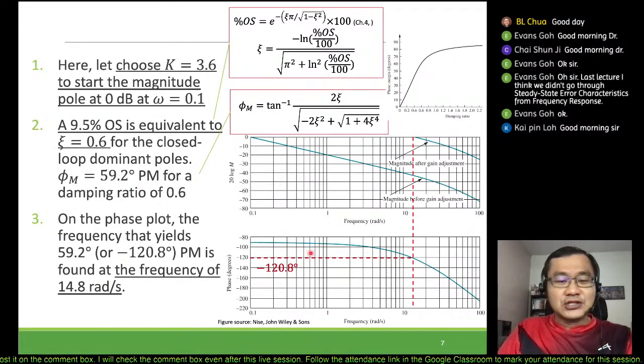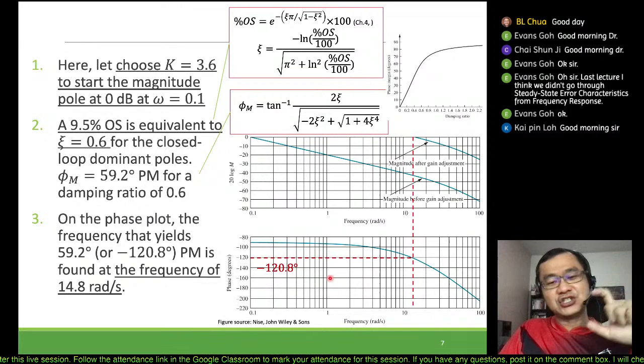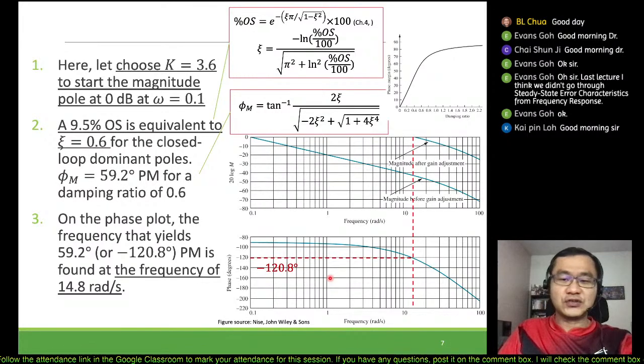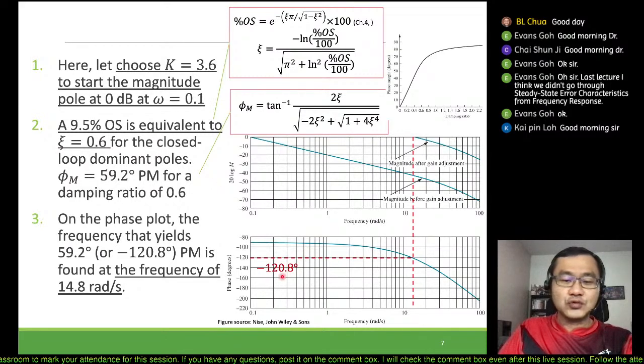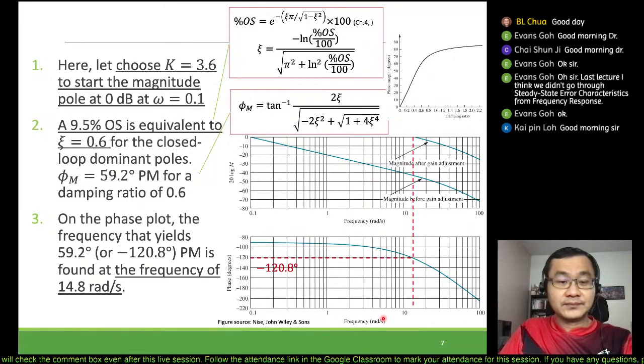So we try to shift this margin in the phase plot to 120.8 degrees, and that occurs when the frequency is about 14.8.